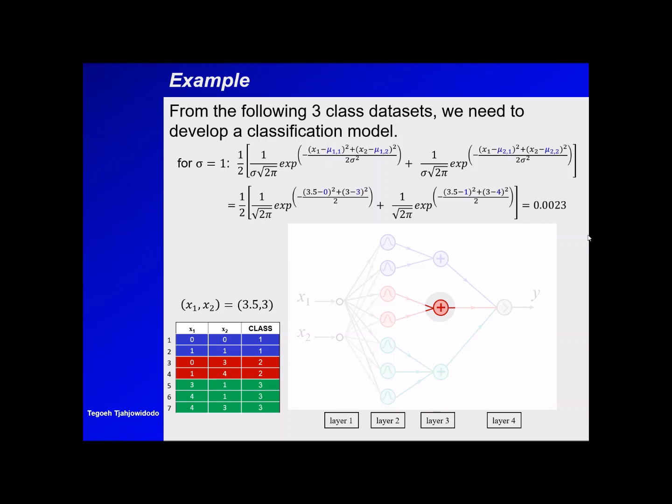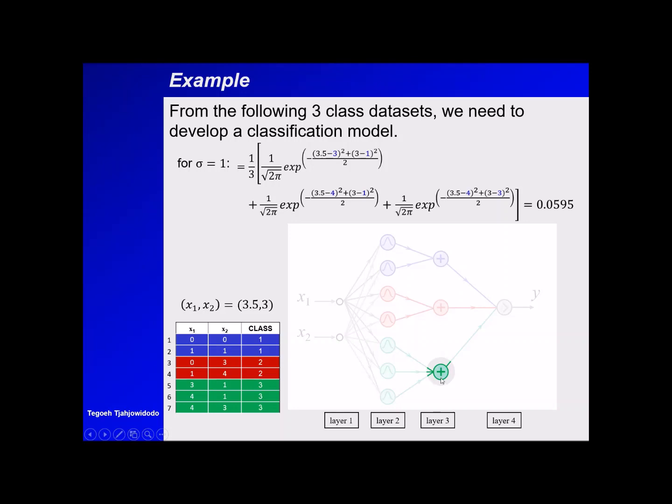So the previous one is 0.05%, this one is 0.23%, and then I calculate it again for the last neuron here in the third layer. I again average it here, but I have 3 neurons in the previous layer, same as before. The first term is coming from data set number 5, 3 and 1. The second term from the 6th data set, 4 and 1.